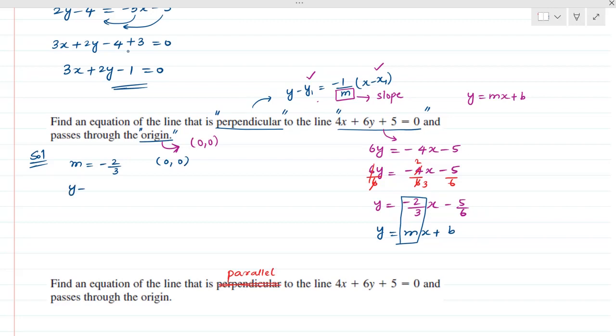Then the equation of a perpendicular line is y minus y1 equals minus 1 over m times x minus x1. Now let us go with this problem. y minus y1 is 0, minus 1 over minus 2 over 3, into x minus 0.